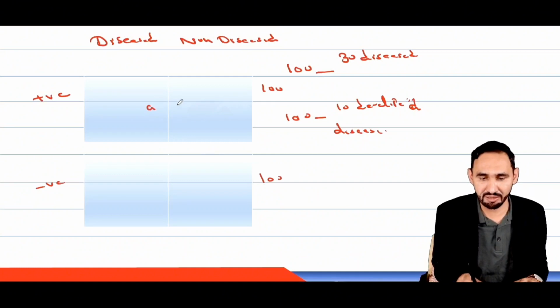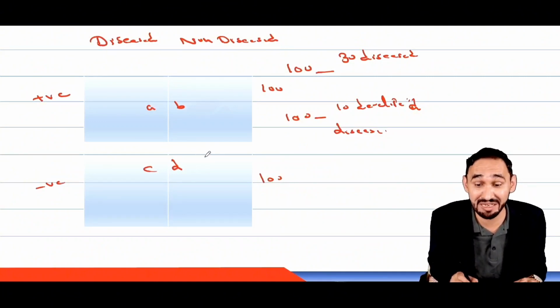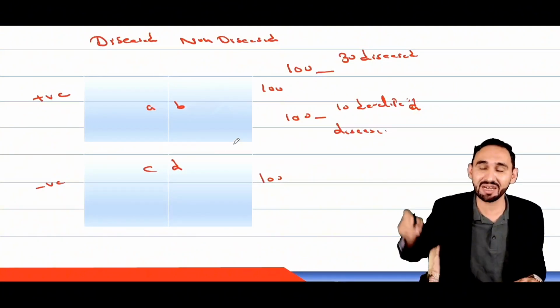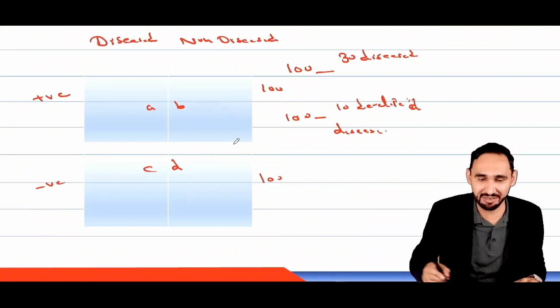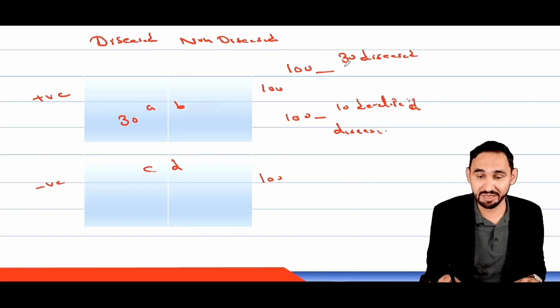First we write A, B, C, D. Most of the time students make a mistake. They don't write A, B, C, D in the 2 by 2 table. It is mandatory to write. Then we will divide exposed people into diseased and non-diseased. 30 developed disease. So we subtract 30 from 100. Remaining are 70. So 70 are non-diseased among smokers.